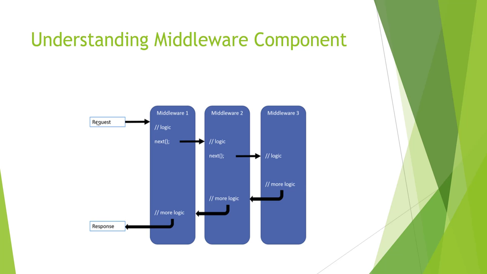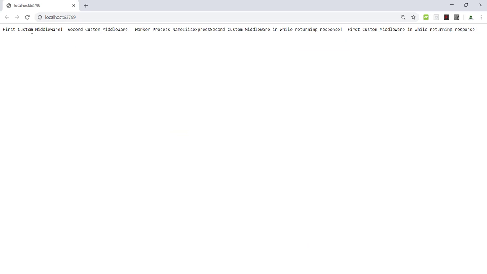As per this image, when the request comes to the middleware, it executes some logic, and then by using the next method, it calls middleware 2. Here you can see that the first middleware is executed, then it has called the second middleware, then it has called the endpoint middleware, which has written our worker process name.